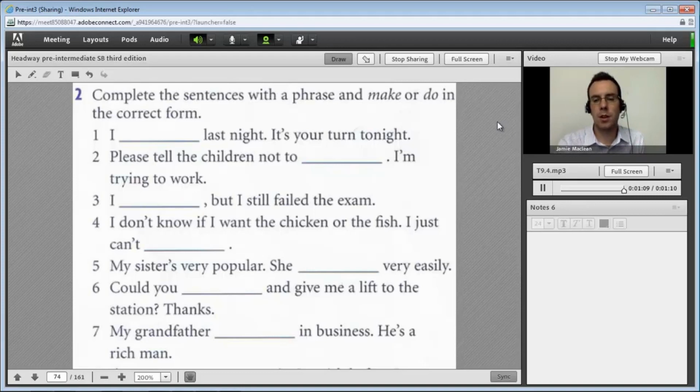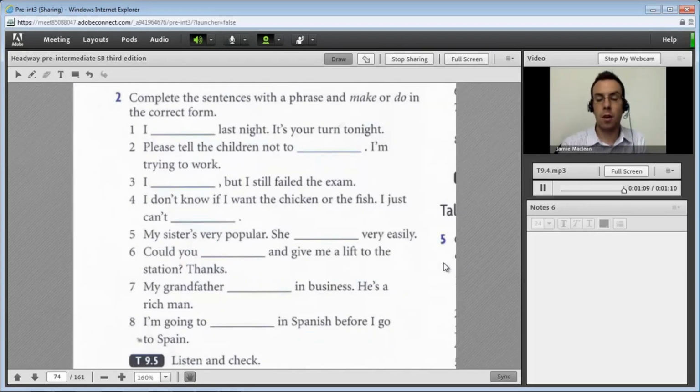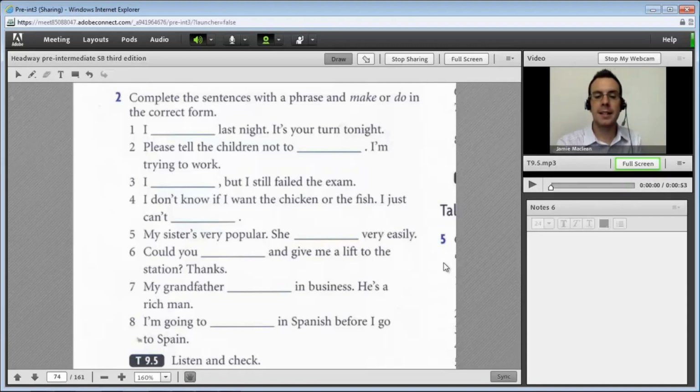Any type of verb you can use, any tense. So use the phrases from exercise 1 and complete the sentences, please. Okay, before we listen for the answers, I'd like you to check your answers with your partner, please. Okay, and let's listen to the answers before we check together on screen.